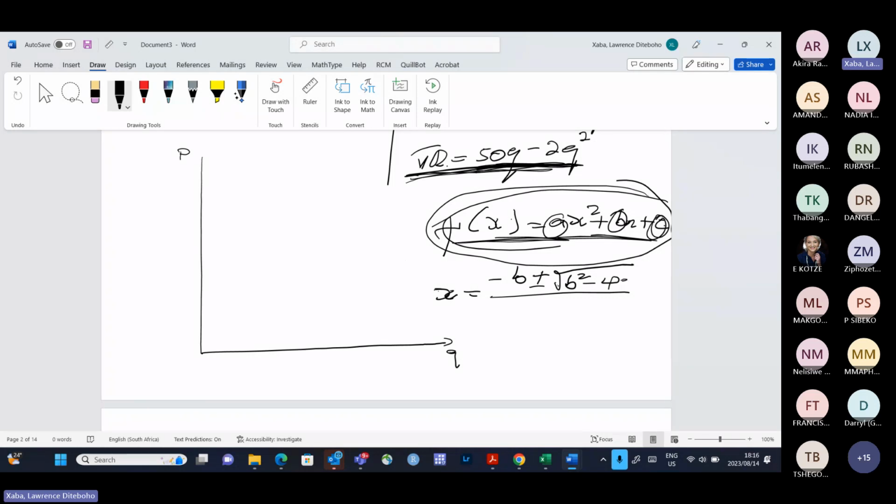So we use that to find the values of x. If we want the x-axis crossing, this is the formula that we use. And when the quadratic equation can be factorized, we don't need to apply this. If it's easy and straightforward, we don't need to apply it. You can just factorize and find the values that will represent the x's in this Cartesian plane that we have. So we don't apply that.